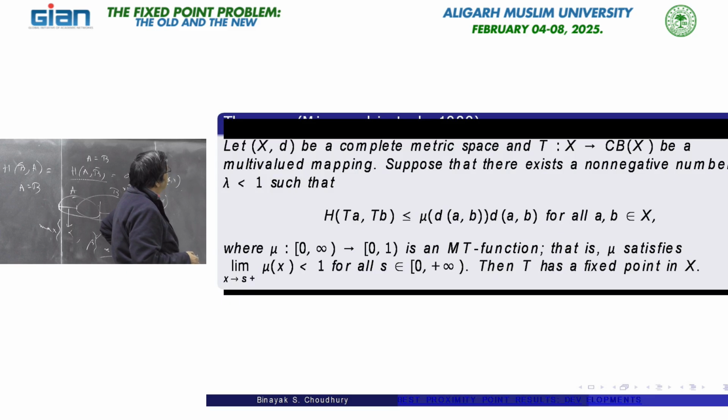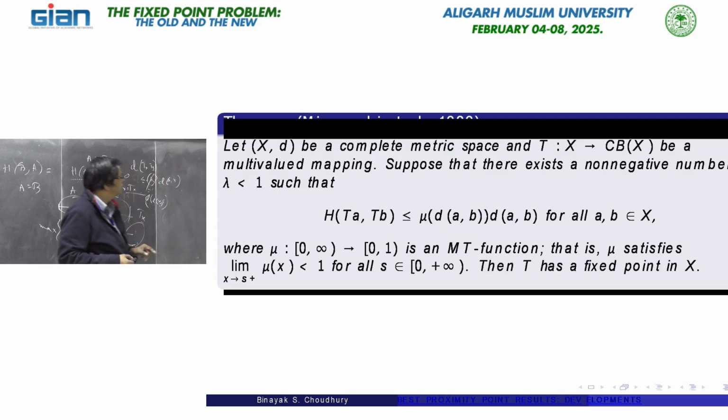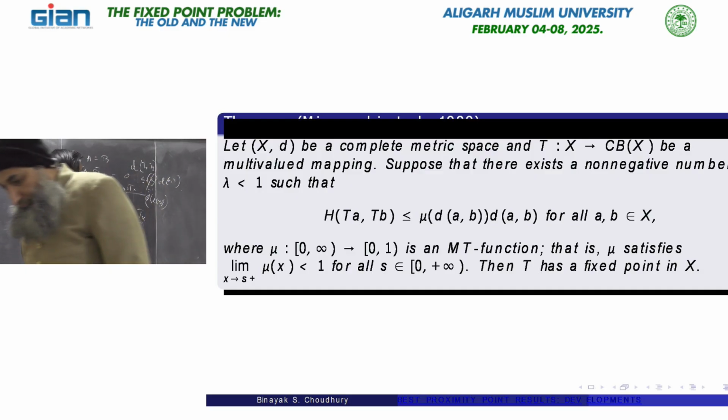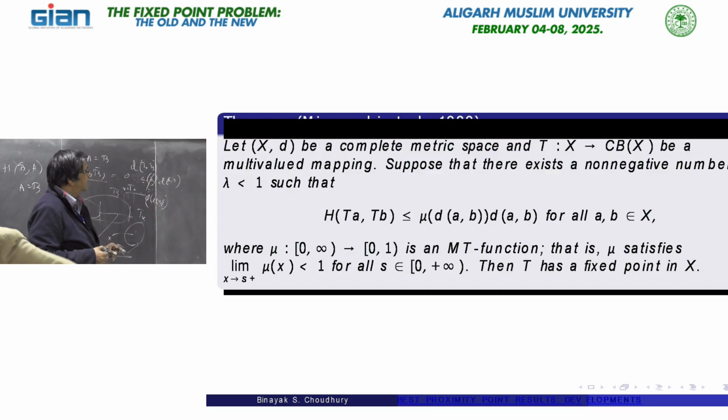And if you just use this result as you have used in the original paper of Li and Biramani, you will find that it also yields a proximity point result, best proximity point result. And incidentally, this result was proved in 2024, and a remarkable one.